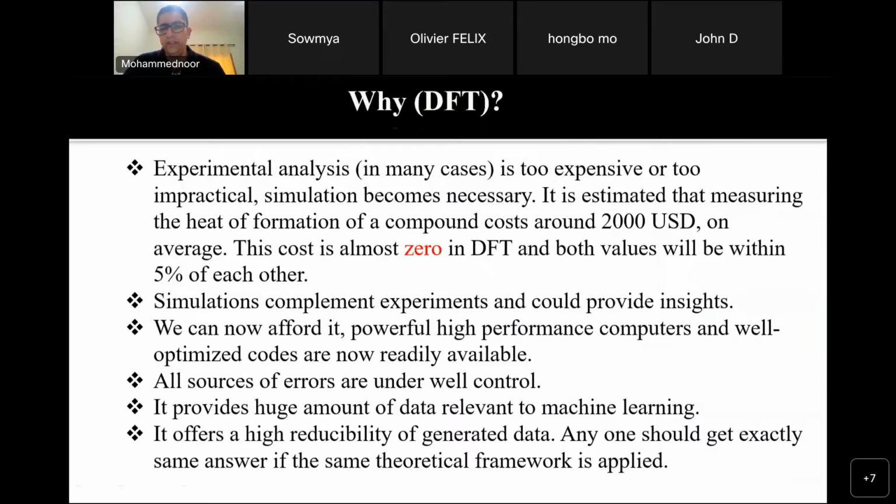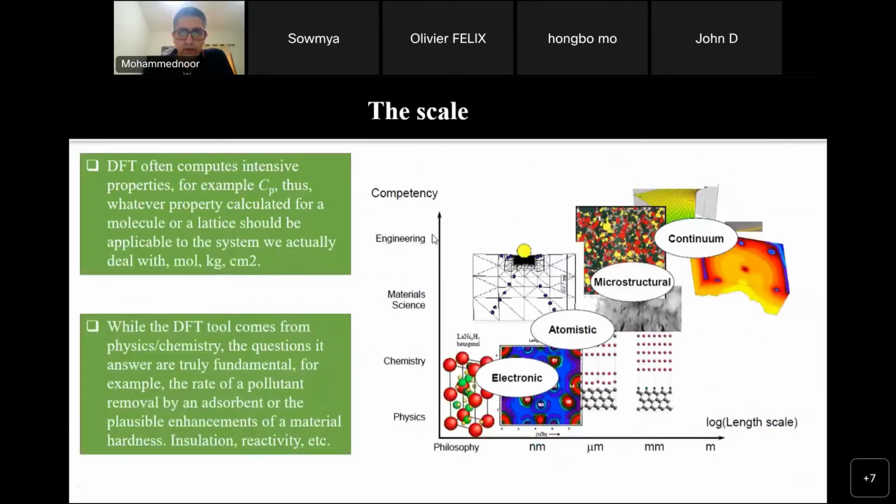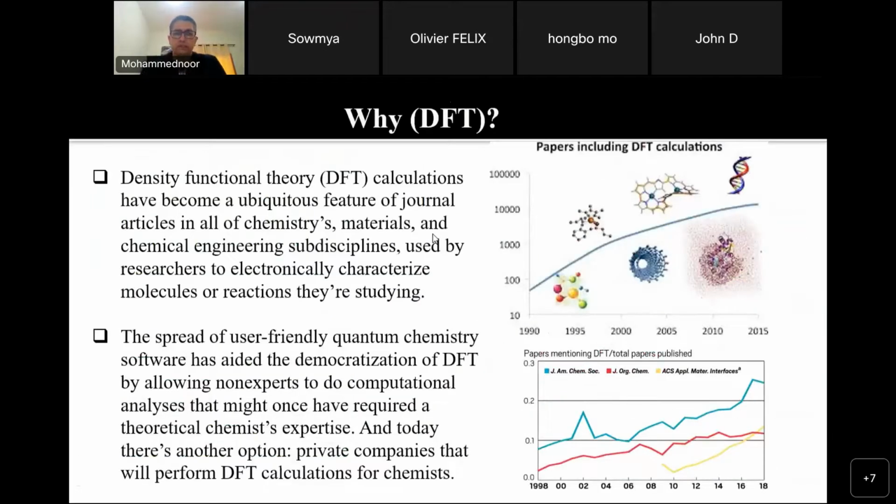Most DFT calculations, as we know, are run on high performance computers, and in many countries they assign computational centers where people can install their DFT software and run those calculations. If you look at any publication in a top journal, most likely it will have a DFT element to it, where it tries to explain the experimentally obtained results.